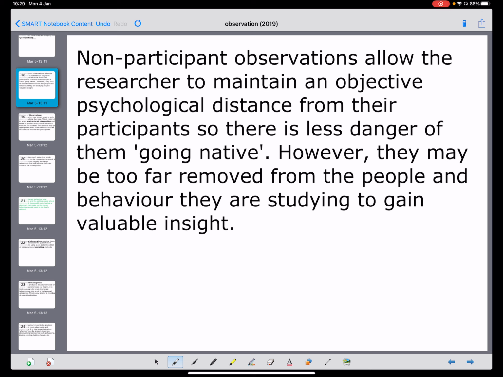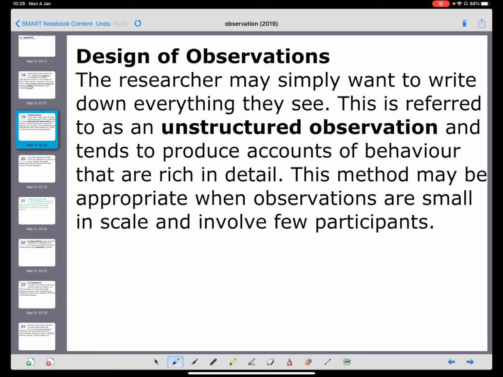In contrast, of course, we have non-participant observations. We can be objective, but of course, I'm removed from the behaviour, and so therefore I might not be able to understand or have insight on their behaviour. So that could be seen as a concern.